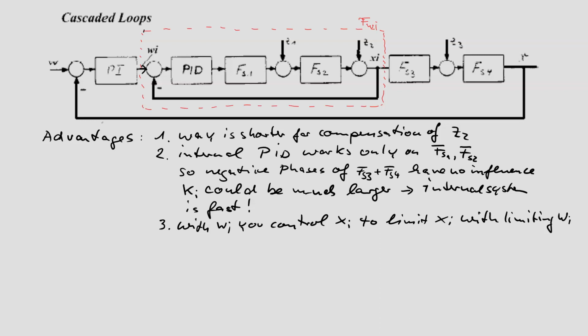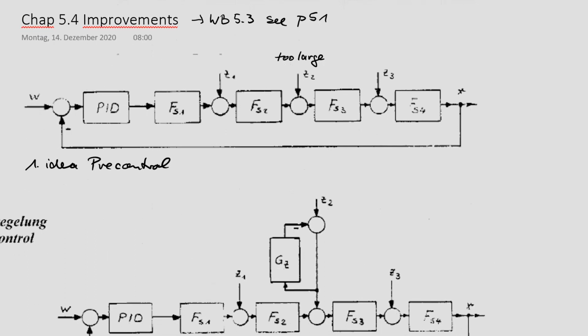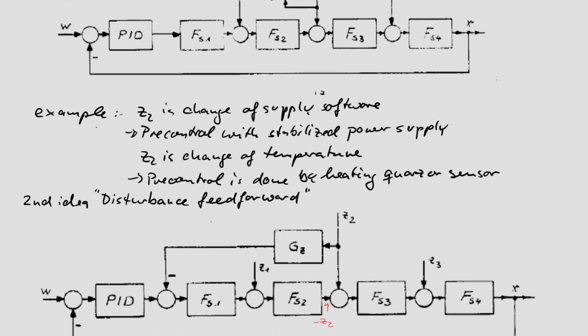Okay, now let's have a quick look for the design steps. Instead of the one PID design in the original situation, here you need a Bode plot or signal block diagram of these 4 blocks, design the PID controller, and that's all.